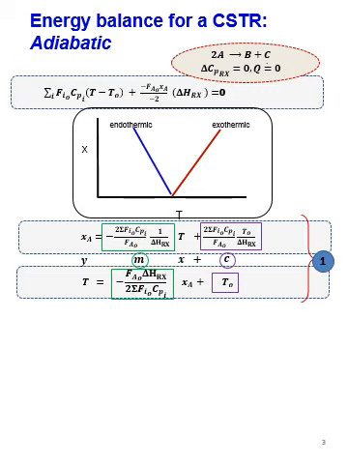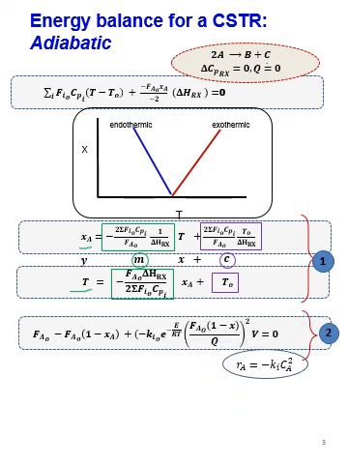So in this single equation of my energy balance, I have two unknowns. I have temperature and X, and I need an additional equation that represents my specific reactor to tell me what the conversion is going to be and what the temperature at which that reactor will operate will be. And for that, I need to use my CSTR mole balance.